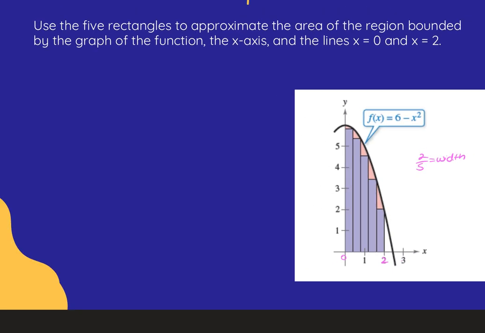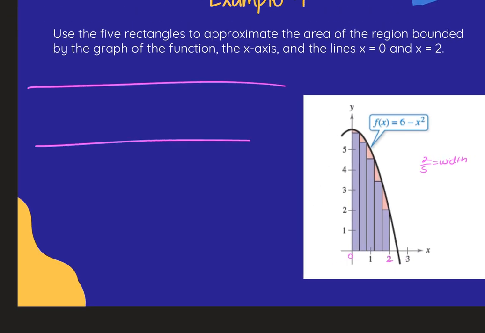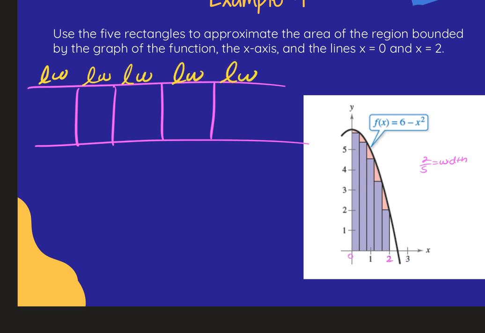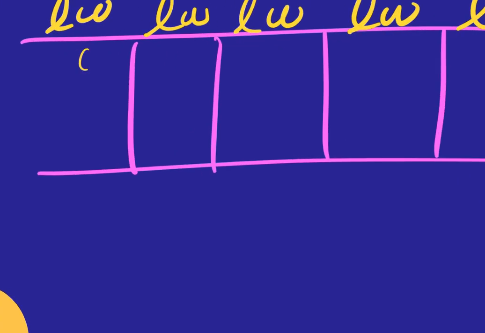There are 5 boxes. So if you literally want to give yourself 5 boxes to remind yourself you're adding up 5 areas, you can. Each one is going to have length times width, and we already know the width of each of them is 2/5.